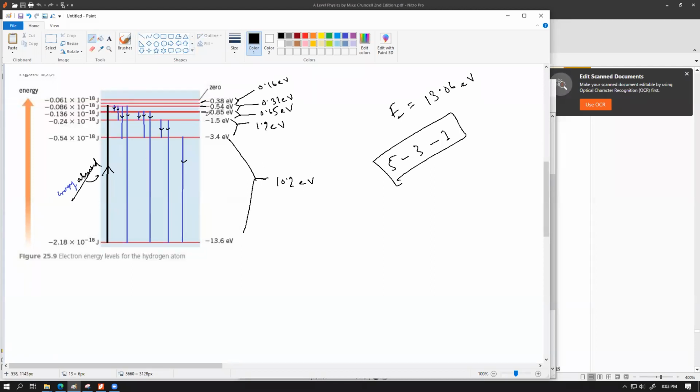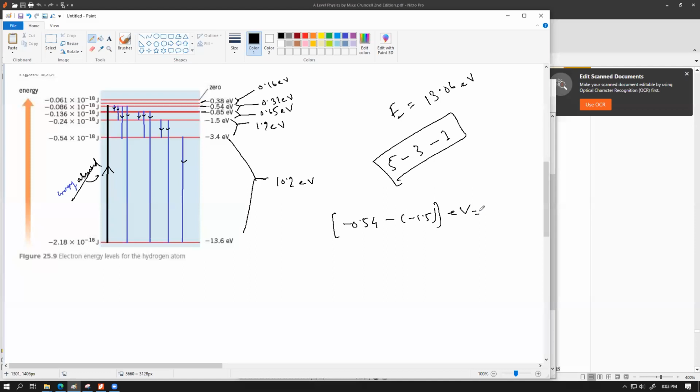Shell number 5's energy value is -0.54, and shell number 3's energy value is -1.5. This is the amount in electron volt. This subtraction gives us how much? 1.5 minus 0.54.